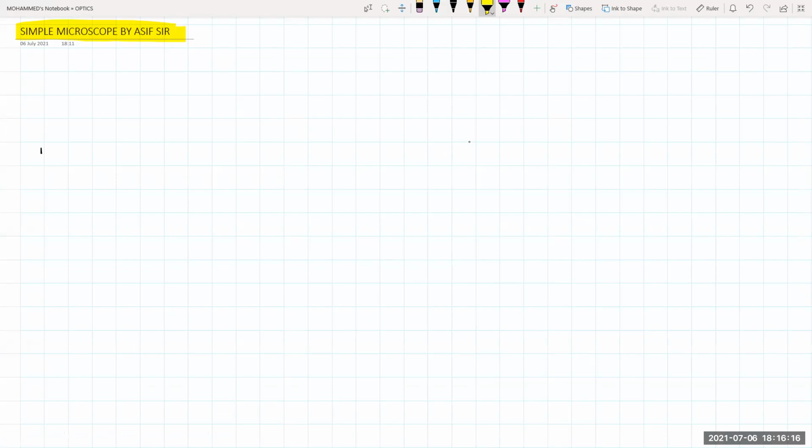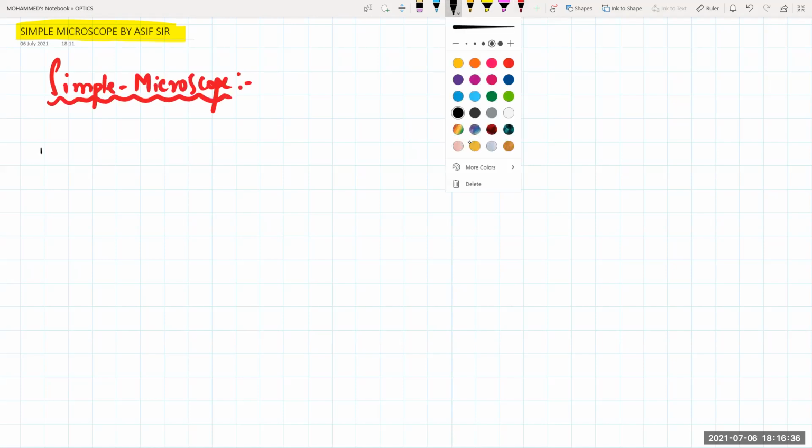Simple microscope, beta. The word itself indicates a microscope which has very simple logic.